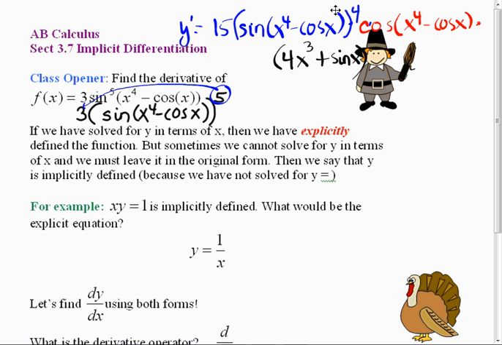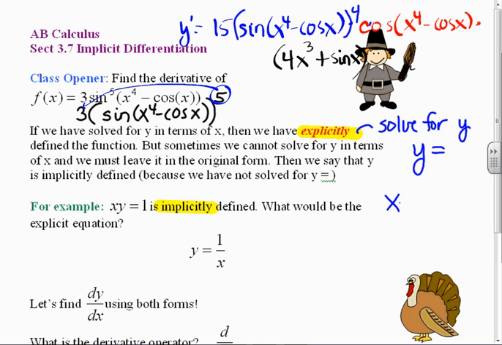Okay. Now, we have to understand a little vocabulary here. Explicit and implicit. When I define a function explicitly, I have solved for y. So you will have y equals. Okay, that's explicitly defined. Implicit is when I don't solve for y.